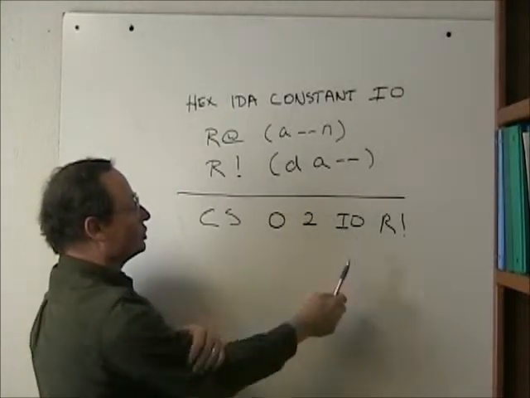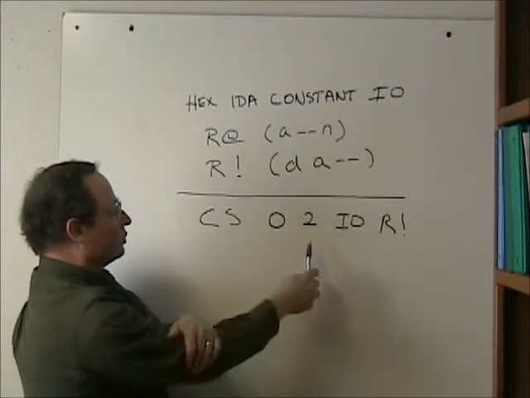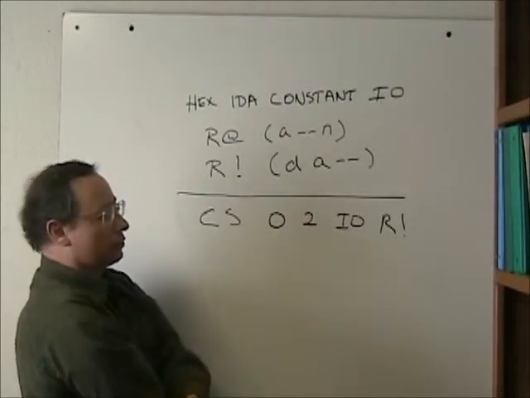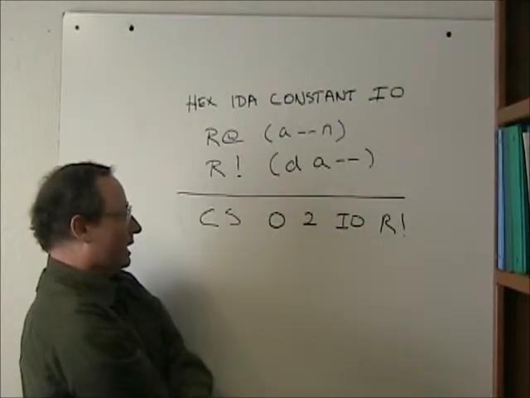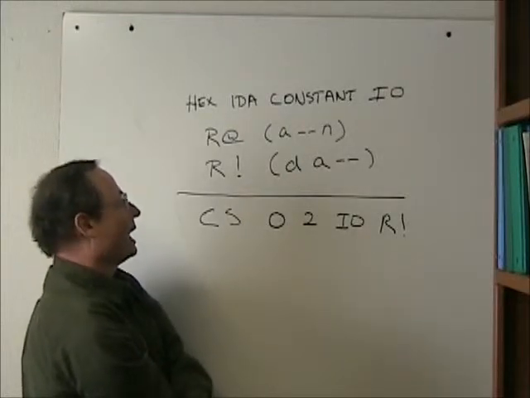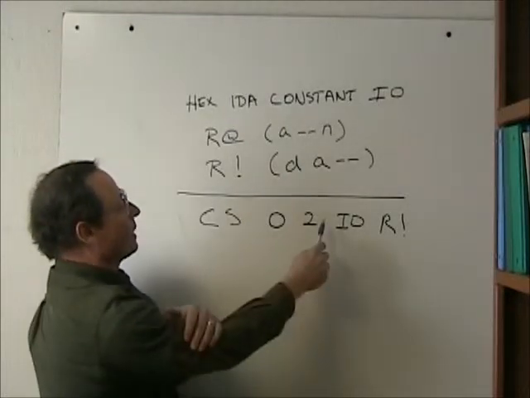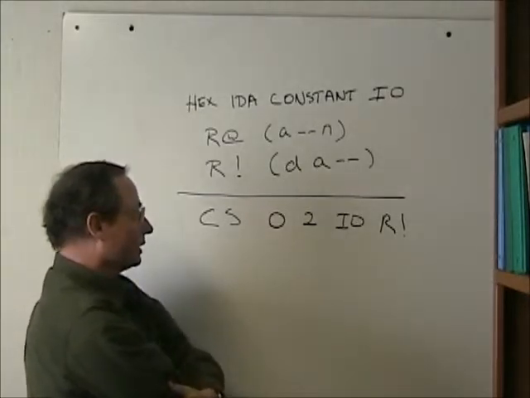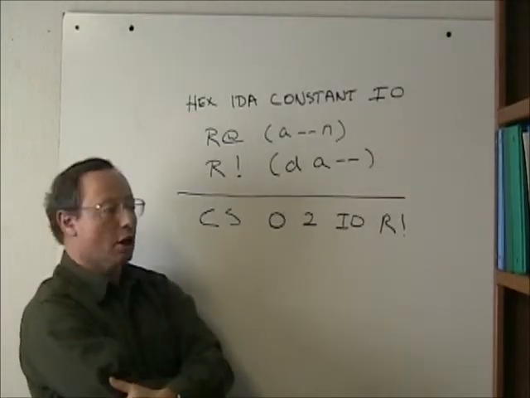In the IO register, the two most significant bits control if it's an output or an input for a digital IO line, and if it's an output, the next significant bit controls whether it's high or low.